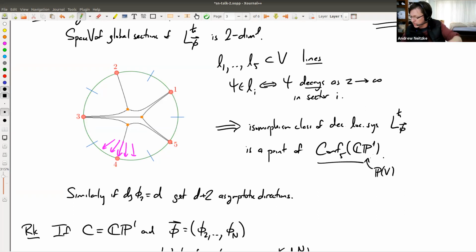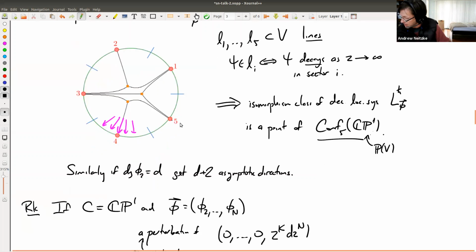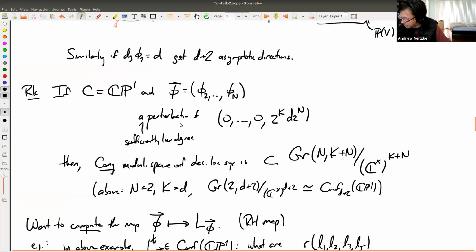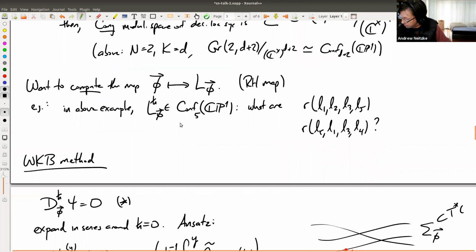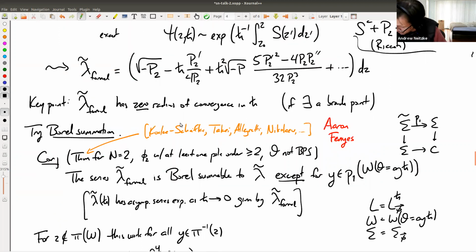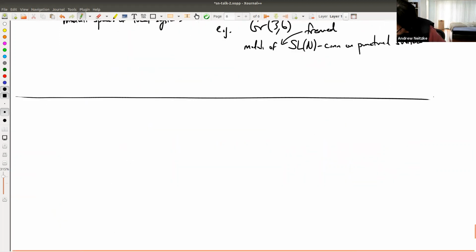And so there, if I choose my phase and cubic differential appropriately, I can get a picture which looks extremely simple. So the spectral network looks like this. This is on CP1.